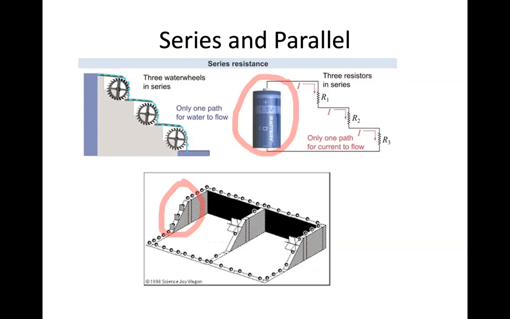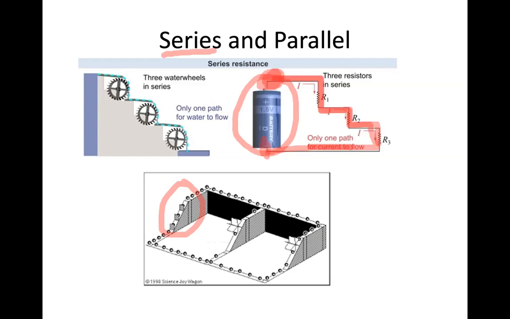So if I connect my resistors in series, what I can think about is there's only one path for the water to flow. The water's up at the top of my waterfall, and it can only follow this path to come back to the bottom of the waterfall, to have the battery separate them again, come back up to the top, and repeat and keep doing this continuously.